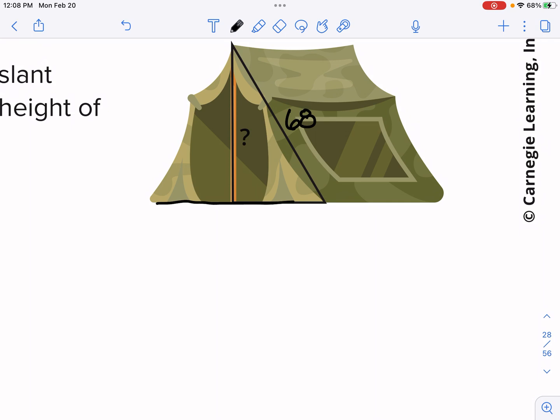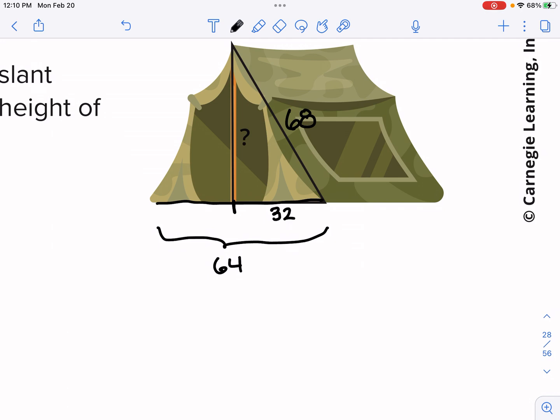We have to be careful with this. Actually, I'm gonna bring that down. If this whole entire thing is 64 inches, how much is half of that? Right, what's half of 64? So actually our opening here of this triangle, the width of it is actually 32 if you divide 64 by 2.